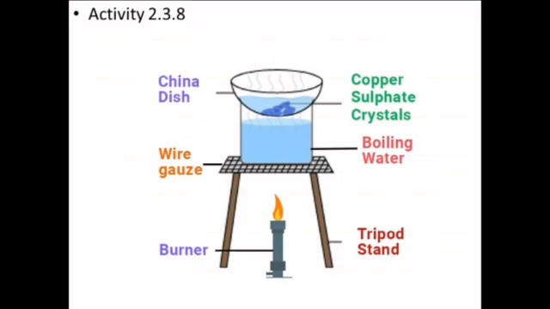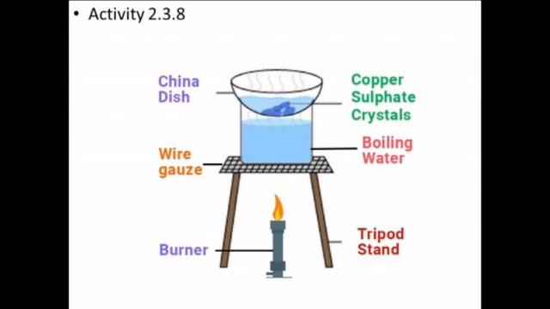Next topic is how can we obtain pure copper sulfate from an impure sample? So let us take this activity 2.9 from our textbook. Take approximately 5 grams of impure sample of copper sulfate in a china dish. Dissolve it in a minimum amount of water.